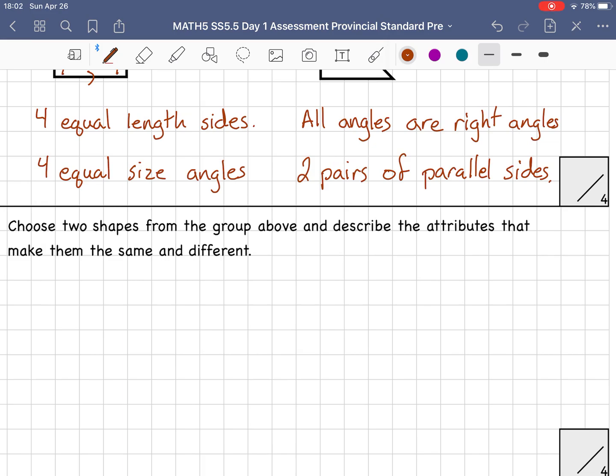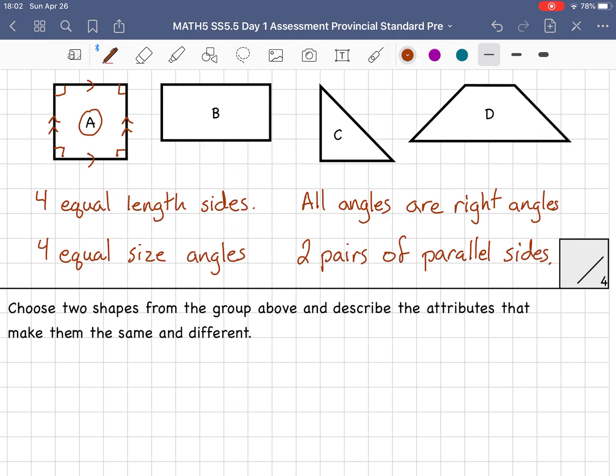Choose 2 shapes from the group above and describe the attributes that make them the same and different.